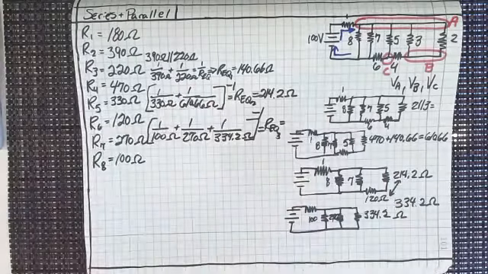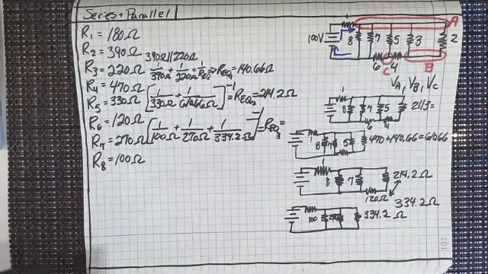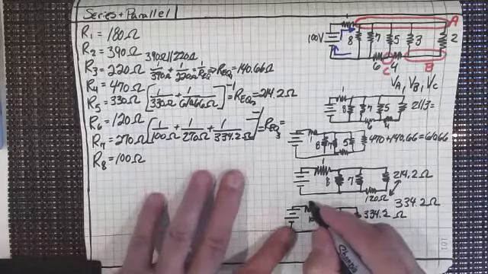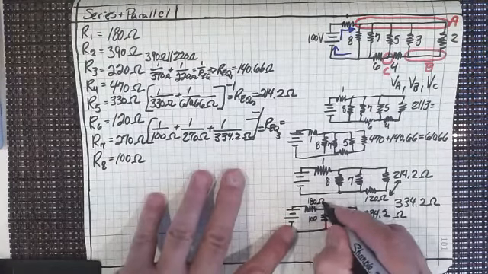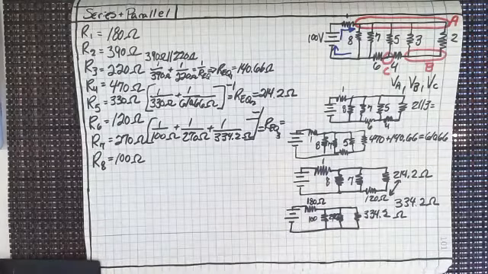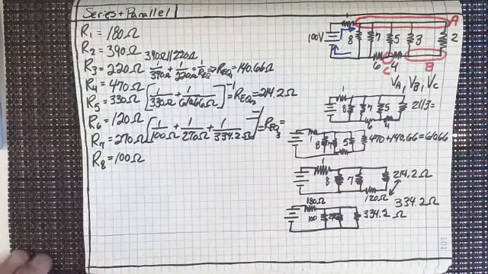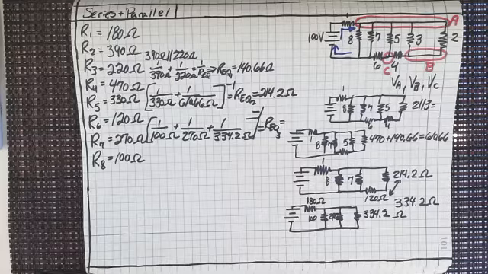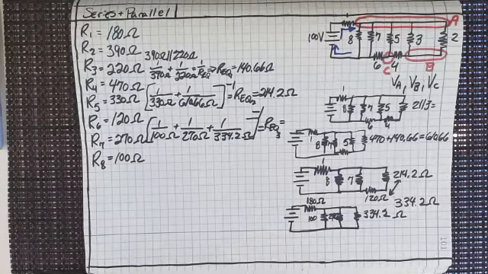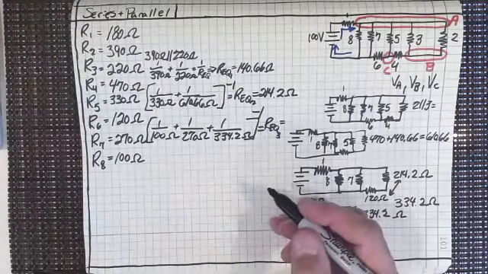All right. So when we put that in, and of course that's all going to be in series with number 1, which is 180 ohms. Right? So 100 reciprocated plus 270 reciprocated plus 334.2 reciprocated equals, and then that answer reciprocated gives us 59.9.